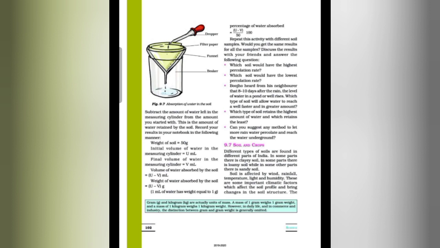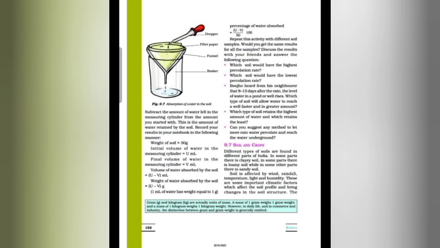So students, to show the absorption of water in the soil, we are performing this activity. In this activity we can use different soil samples. Suppose we take 3 cylinders, 3 glass funnels, 3 filter papers, 50 gram each of different types of soil, and a measuring cylinder.